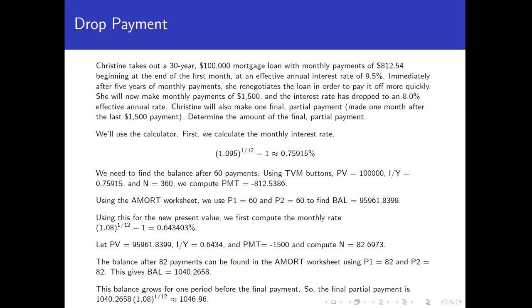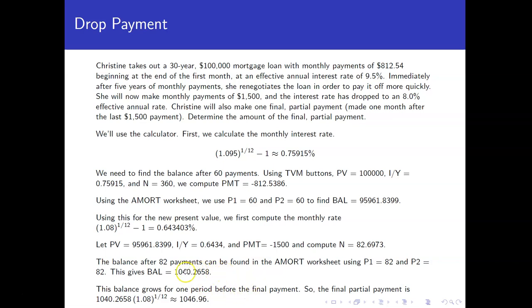Again, we can use our calculator to figure out the balance after 82 payments. That balance is $1,040.27. Now, this isn't the last payment because this is the balance after the 82nd payment of $1,500 has been made. It's going to sit there for another month.